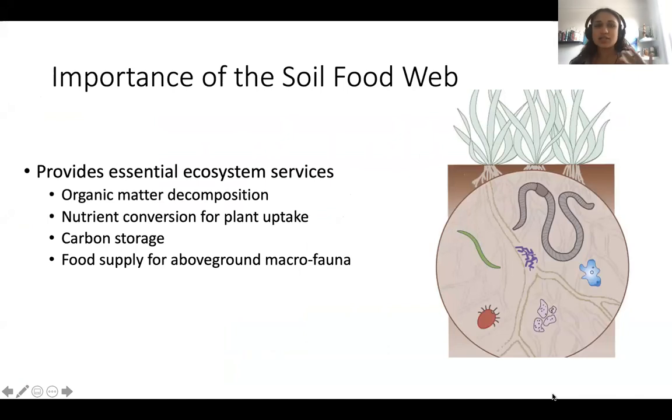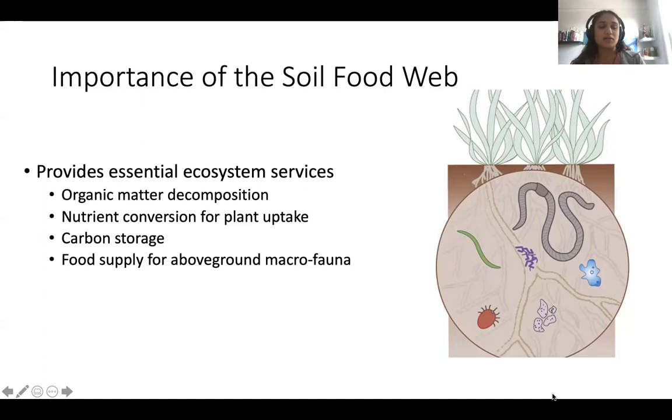So first off, let's start by talking about the importance of the soil food web. The soil food web provides essential ecosystem services such as organic matter decomposition and nutrient conversion of these large organic matter pieces that come into the soil food web environment and need to be broken down. And nutrients need to be almost extracted from those organic matter pieces, mineralized and converted into a source of nutrients for plant uptake.